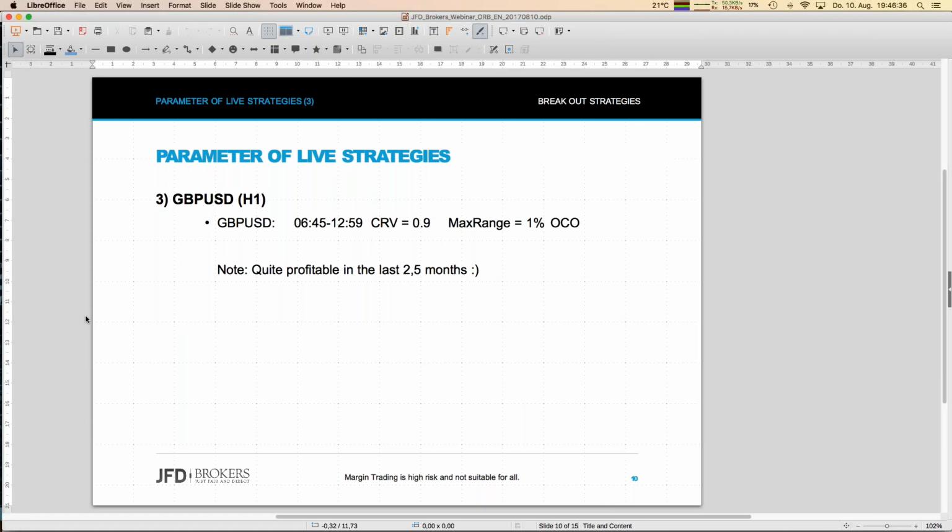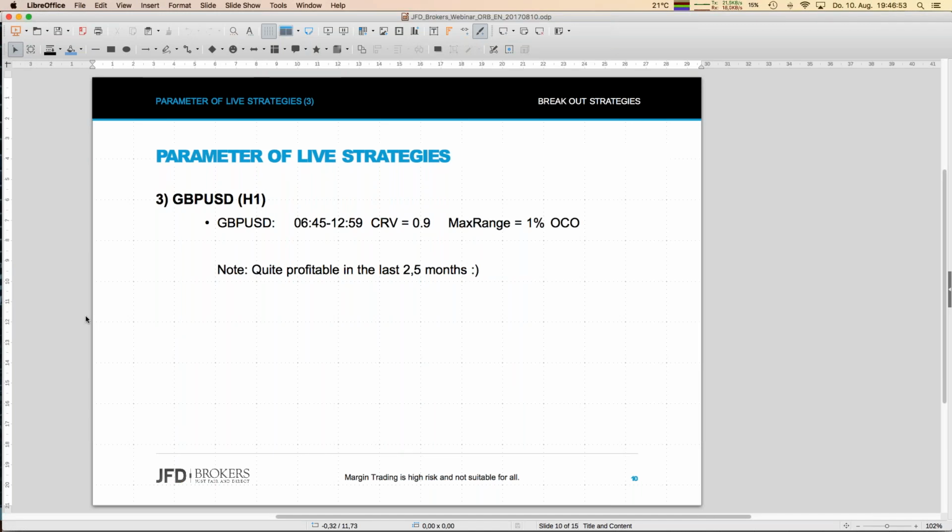The third example here is the best one I have right now in my portfolio. That is a strategy on so-called cable, or British pound US dollar. Totally different timing.